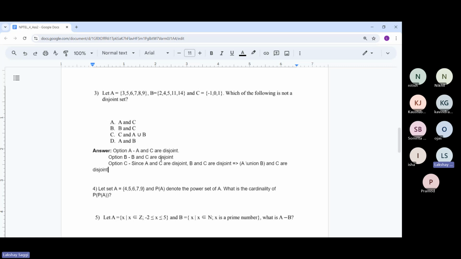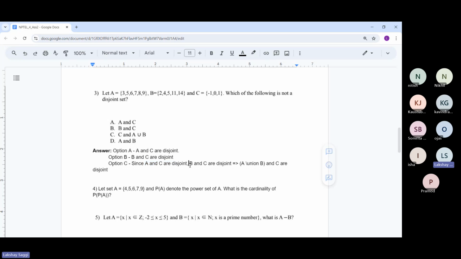And why is this true? What do we mean by disjointness? By disjointness, we mean that they don't share any common element, right? Any element of the set A union B is either an element of set A or an element of set B, right? If it is an element of set A, then it is not present in C since A and C are disjoint.